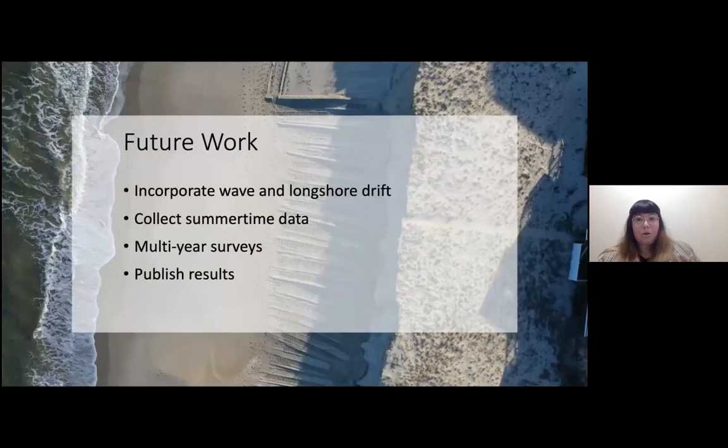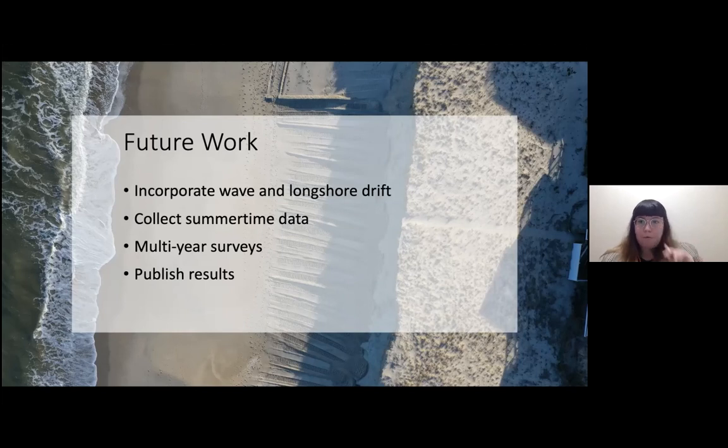And so there is a lot of future work to be done. We are incorporating wave and longshore drift data on top of this, since there are obviously other environmental changes we need to look at. It's important to collect summertime data. This was not originally done due to drone ordinances and all the tourists on the beach from the town.